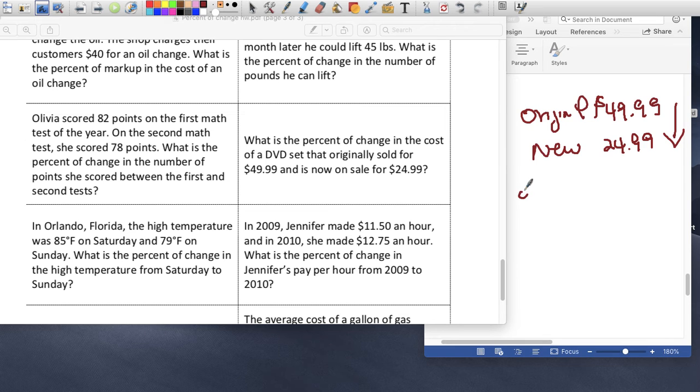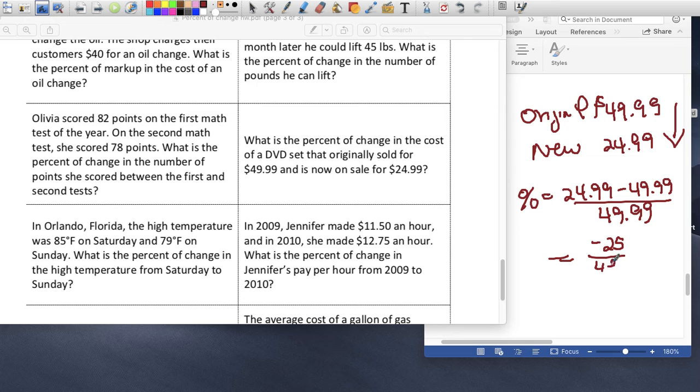So the percent is the new, 24.99, minus the original, 49.99, divided by the original 49.99. It's getting late. 24.99 minus 49.99 equals negative 25.